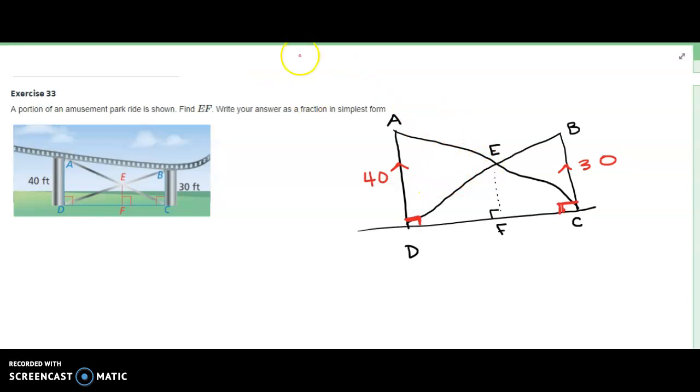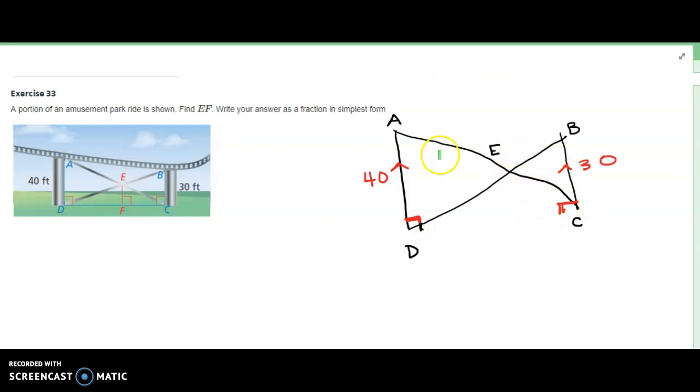Well, because these are parallel, actually, I'm going to delete a few parts of these. That's a right angle that comes to here. All right, I'm just going to look at these two triangles now. So this triangle here and this triangle here.